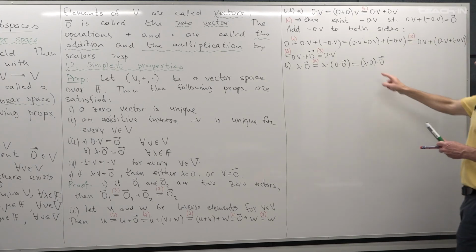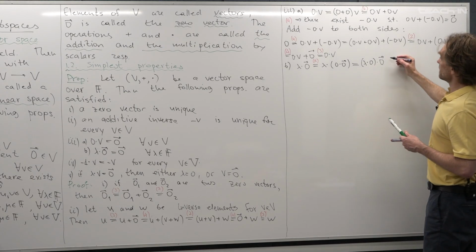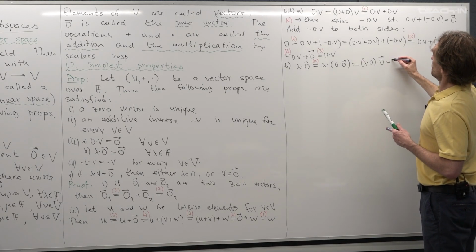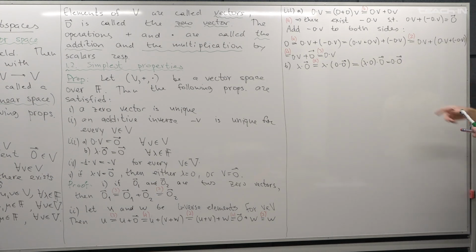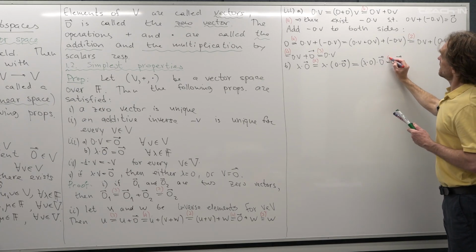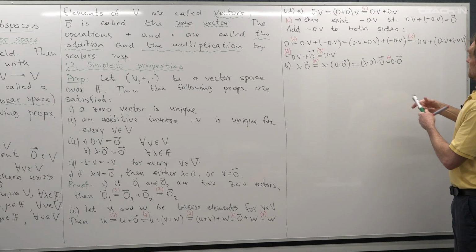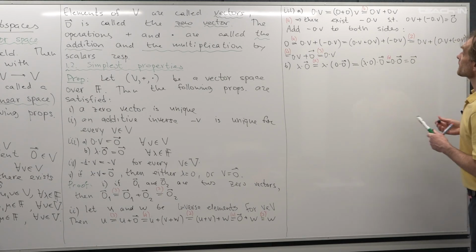And when we multiply something by 0 in the field, we get 0, so we have 0 multiplied by the 0 vector, and it follows from the property A that we get the 0 vector.